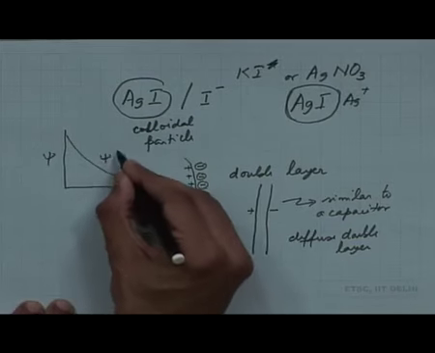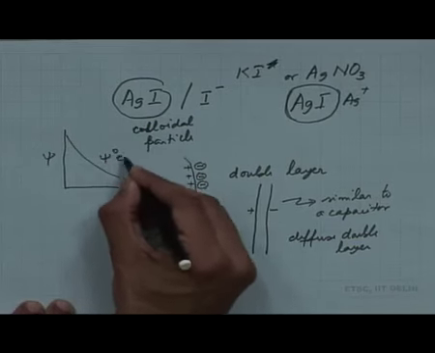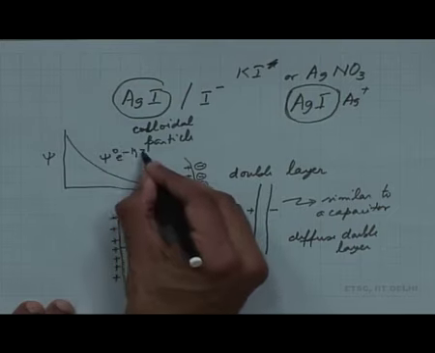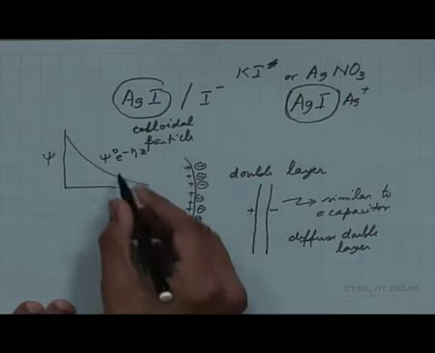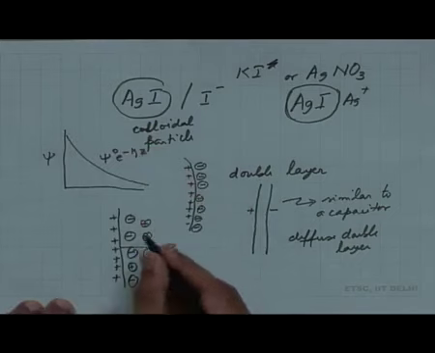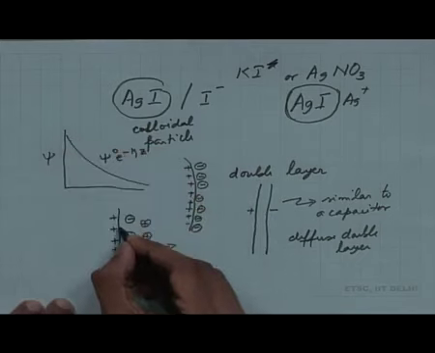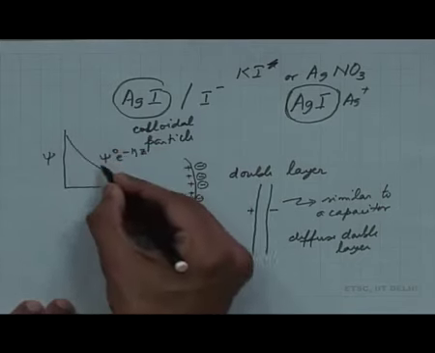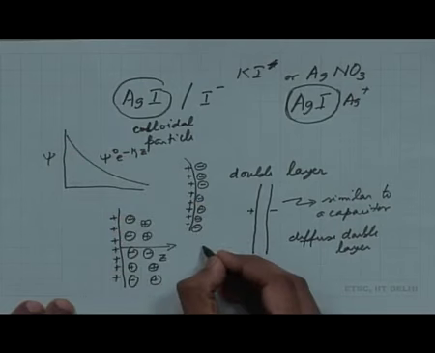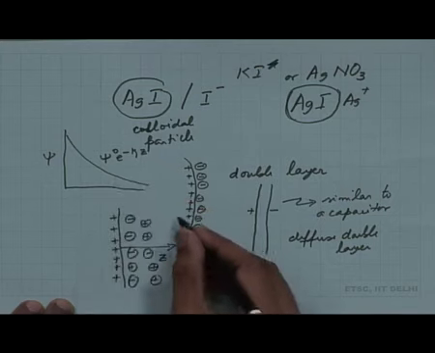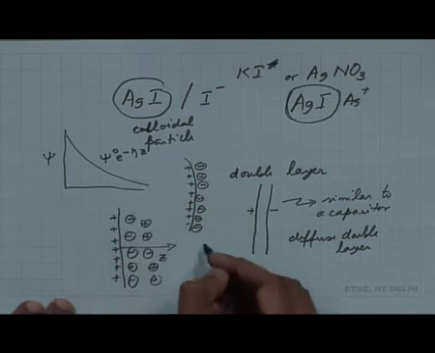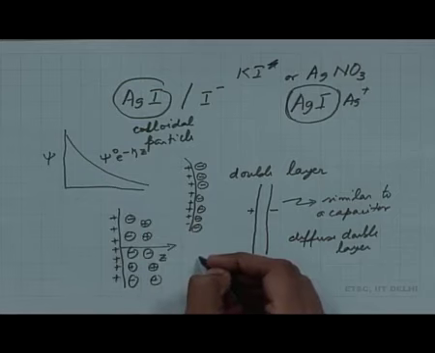So, it will have some psi 0 e to the minus kappa times this distance z, which is understandable. As you go away from this point, this potential will drop, because once you have reached the bulk of the solvent, you are not going to see any charged species, no potential difference, because there is compensation of the positive and negative charge.